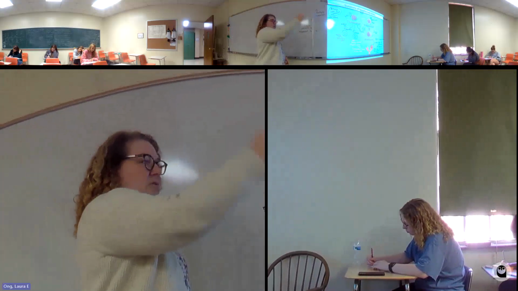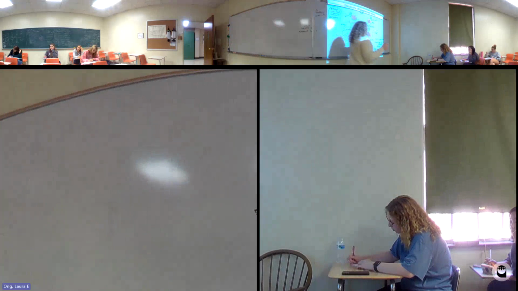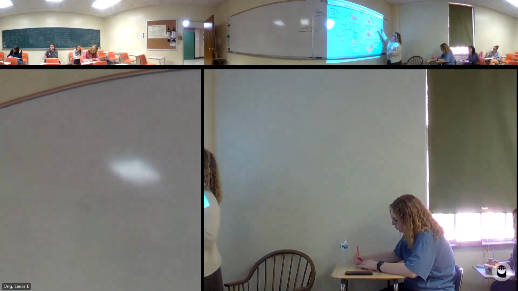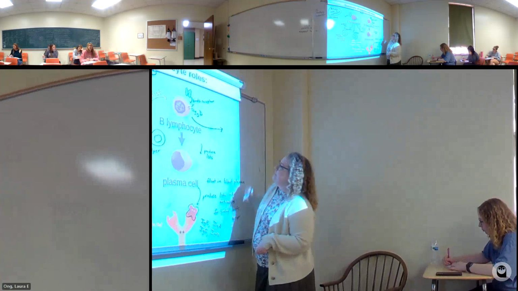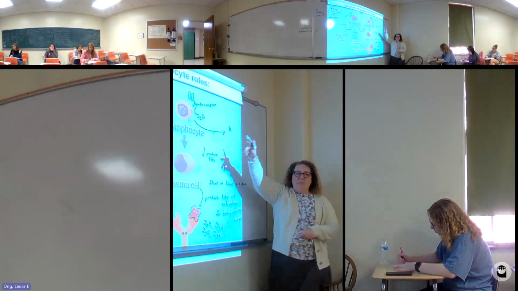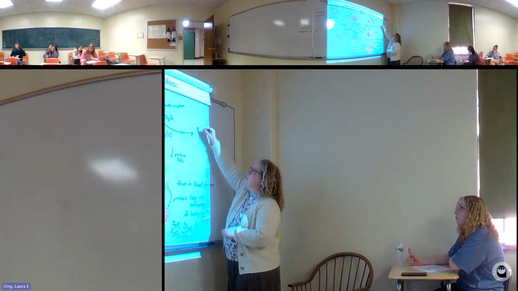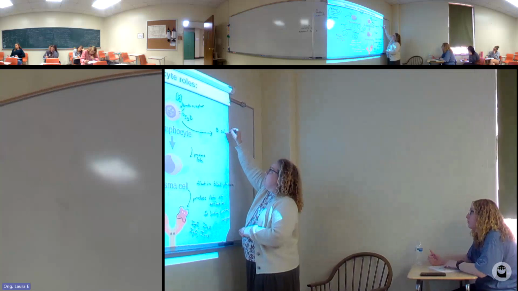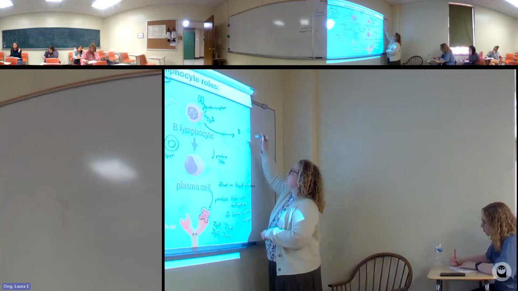So there's one more cell type that I need to draw onto here that's not there yet. And it's going to be coming from here. So the other thing that happens when these cell types get activated by binding their specific antigen is they will make a cell type called memory cells.